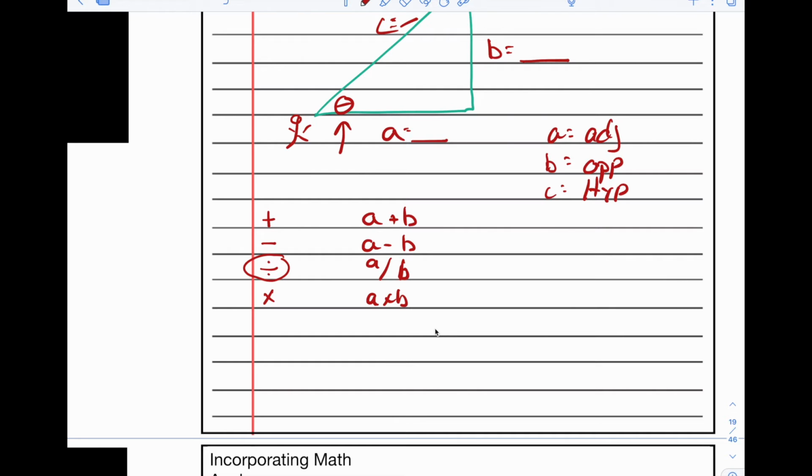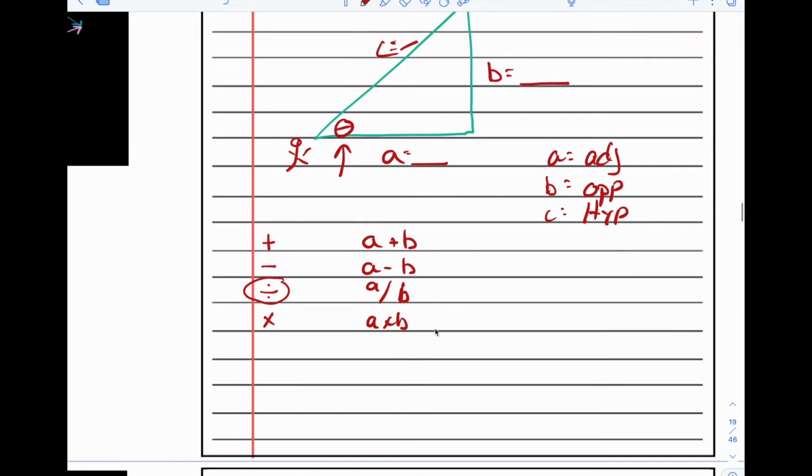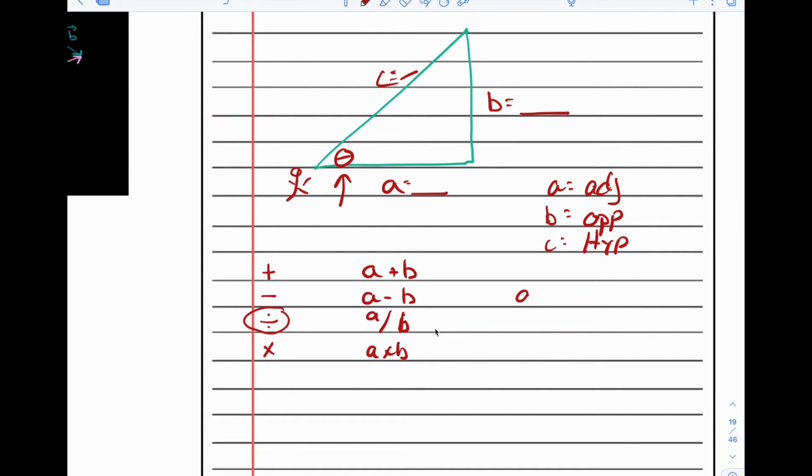You could have A divided by B, B divided by A, A divided by C, C divided by A, B divided by C, and C divided by B. In this case, there's only three that we're going to use. The other three we won't use just yet. Then I'll show a way where it's easy to remember.